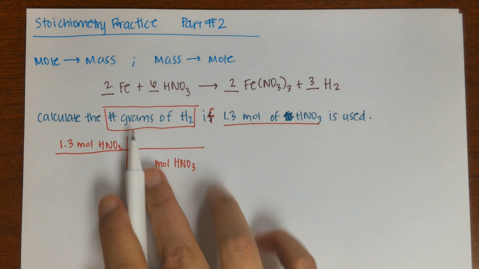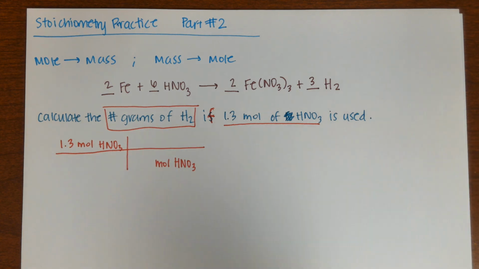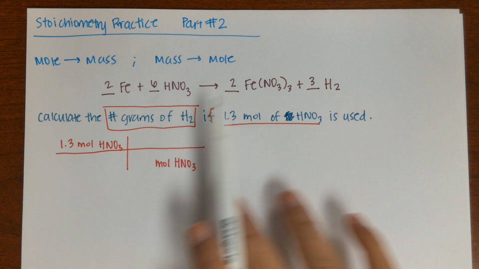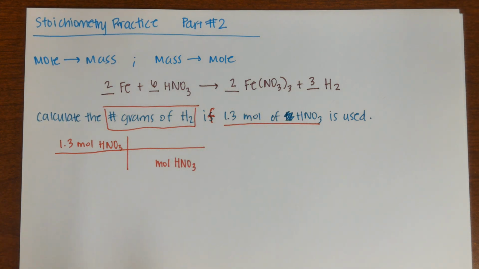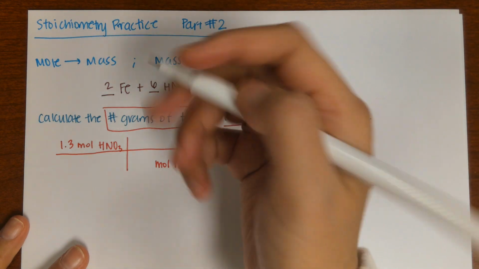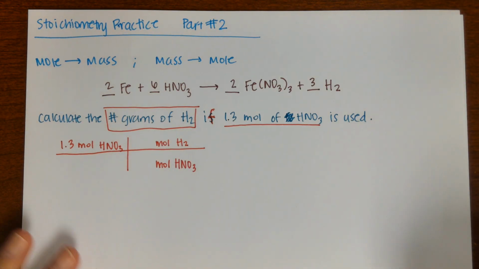It's very tempting to just go directly to grams because you may be used to the one step with the mole to mole, but grams is an extra step, so a 2-step. So before getting to grams of H2, we have to get to moles of H2 because mole ratio always has to be somewhere in the train tracks. It is basically the gateway or the bridge to get to grams. So we're going to put the unit mole H2, and that'll help us to get to grams.